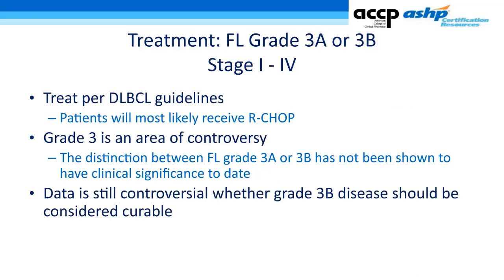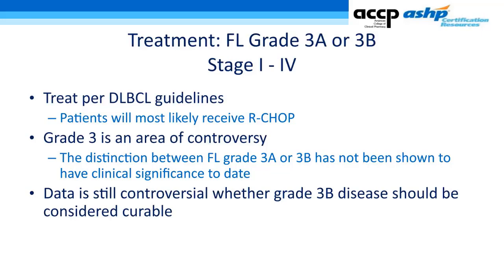And our final category of the frontline treatment of follicular lymphoma, any stage, grade 3A or 3B. The guidelines would suggest that these patients should be treated as if they had diffuse large B-cell lymphoma, which means that most of them will receive R-CHOP. The designation of grade 3 is an area of controversy.